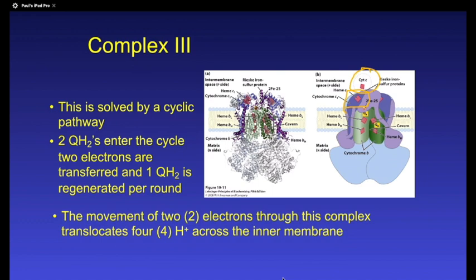There is a heme B version, that's the L, and a heme B version that is the H. So a heme B high and a heme B low site. And then we're going to have some Q binding places. All right. Important: as 2 electrons move through this, we're going to have 4 protons pushed across the membrane.